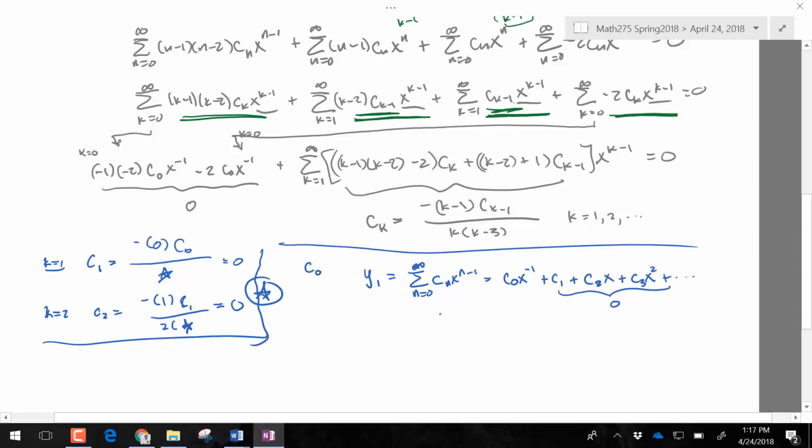So we only have y sub 1 is equal to c sub 0 x to the negative 1 power. So this is one of our solutions.